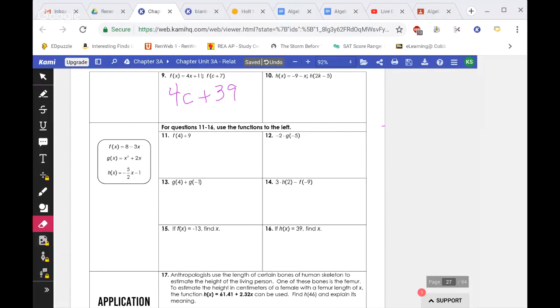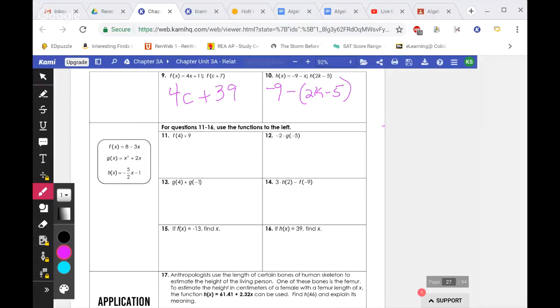For number 10, they're asking you to plug in the value of 2k minus 5 anywhere there's an x. So just because I write so big, -9 minus, and then I'm going to put 2k minus 5. The reason why I want to keep it in parentheses, because there's a minus before the x, that's almost like thinking that there's a -1 out front.